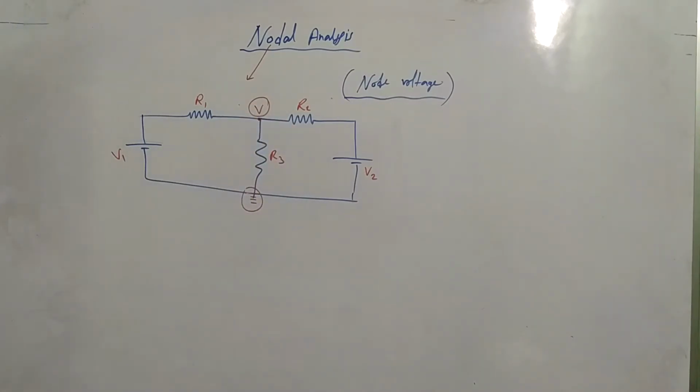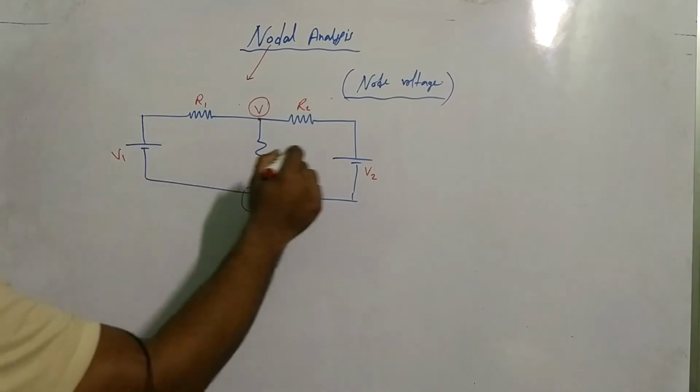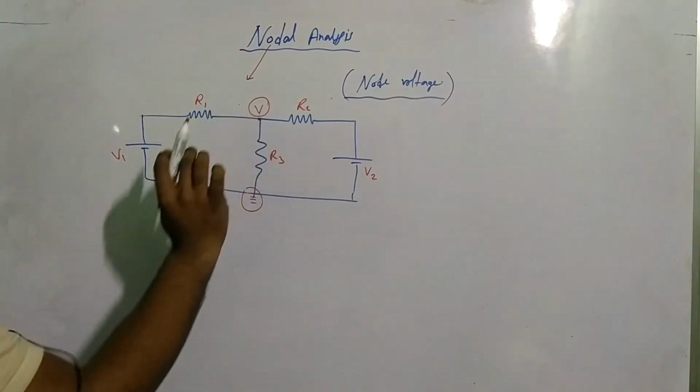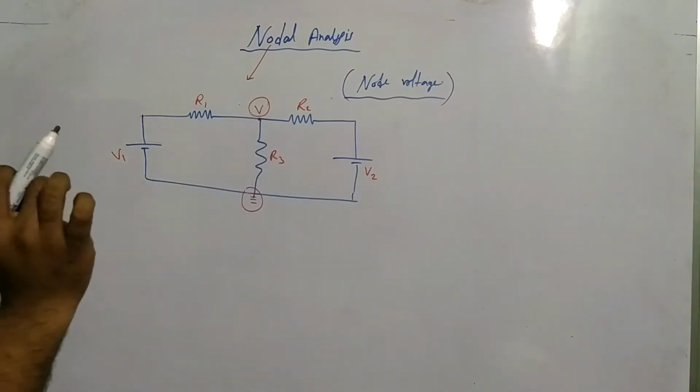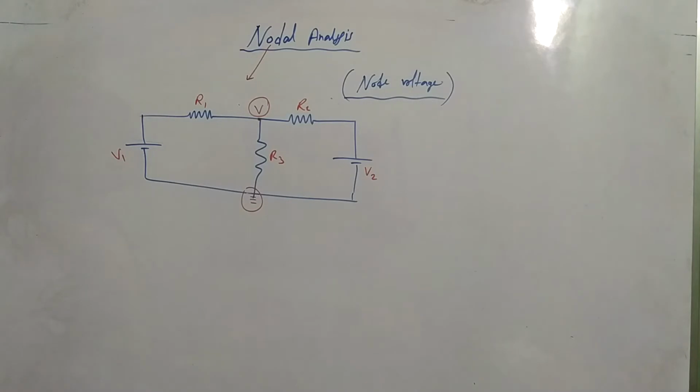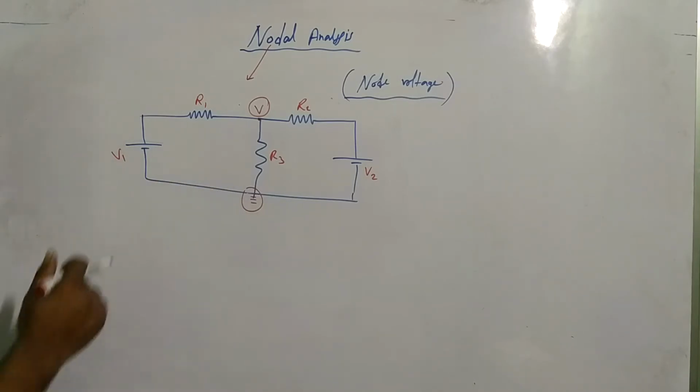When I am unable to give any current direction in a circuit, then I apply nodal analysis. I am taking one simple example.